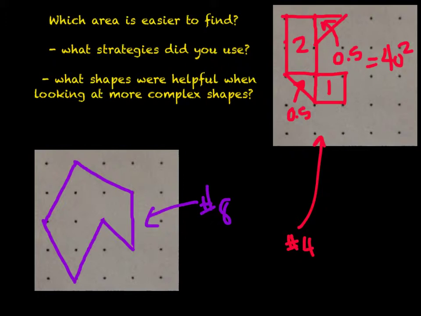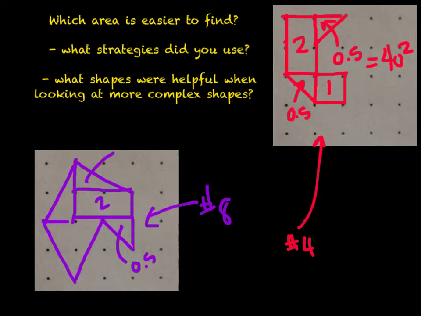For this purple shape, however, things got a little bit more complicated. This is the only block of 2 units that we can definitely say that we have. It also looks like we have a half a unit here, and then everything else is a little funky. So I'm just going to split this up into triangles, and then we can deal with it from there.